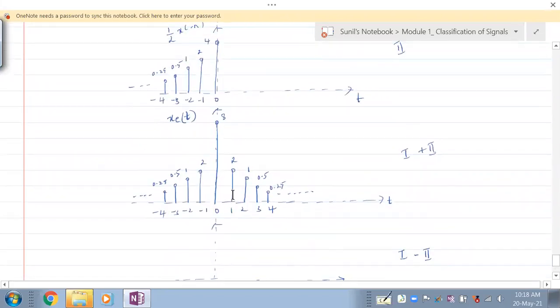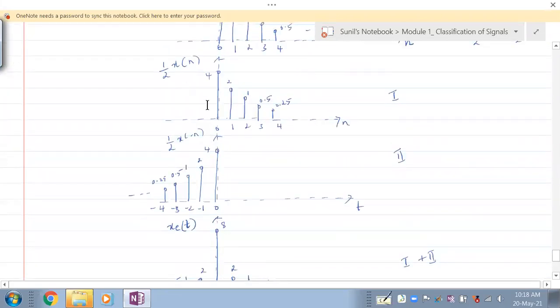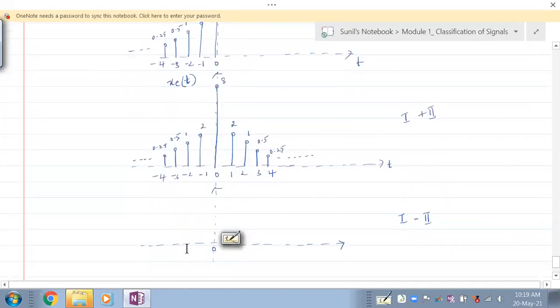Now on the left hand side, in the first signal you have all zeros. In the second signal you have 2, 1. So what would happen? 0 minus these samples. 0 minus these samples means we need to have the negative of these samples. So the 2 will become minus 2, 1 will become minus 1. Understand that? So that needs to be written here. 2 will become minus 2.